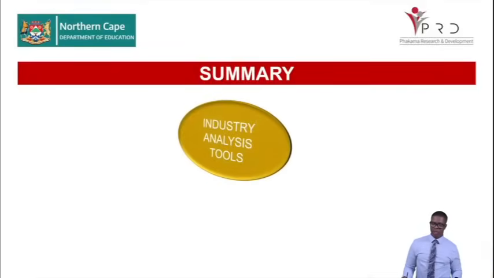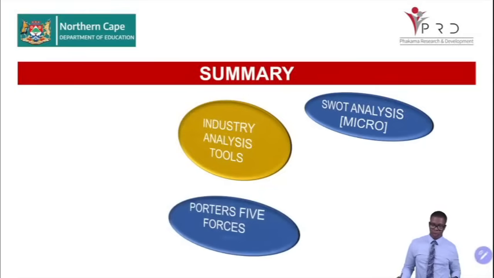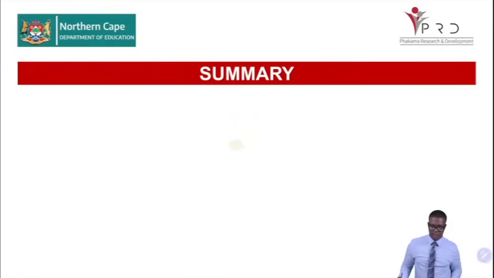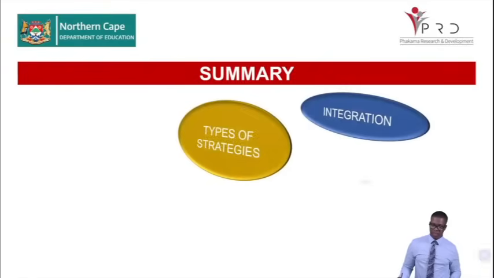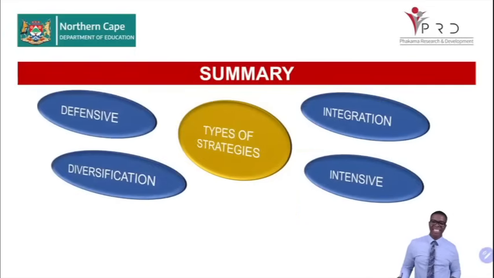Then we further looked into the specific business industry analysis tools, your SWOT analysis, together with the Porter's 5 forces and your PESTLE elements. And then we looked into the types of strategies, where I said remember them by using the name DD, because you have defensive and integration and diversification and intensive to help you remember those.